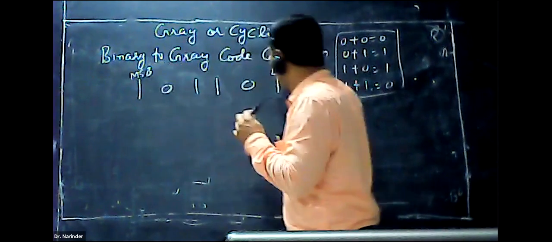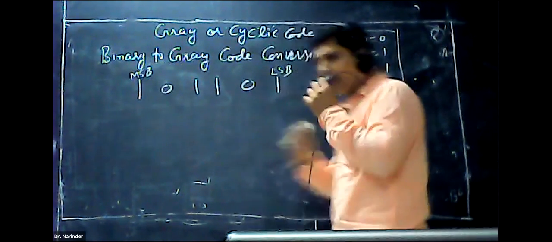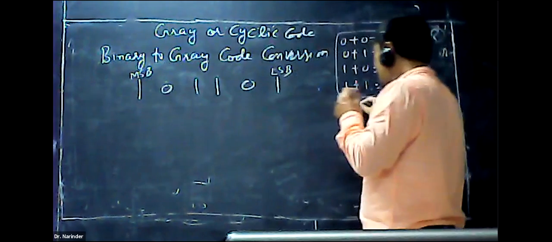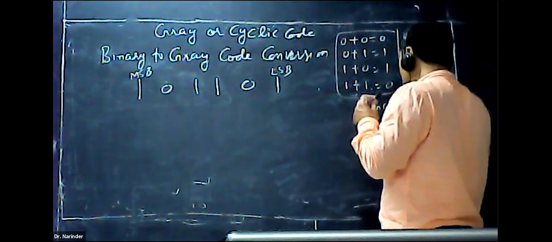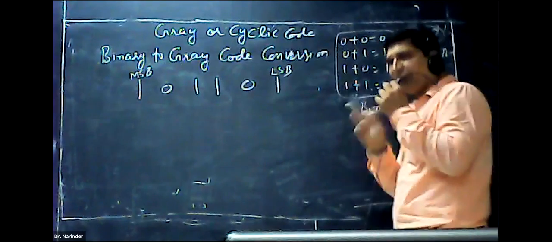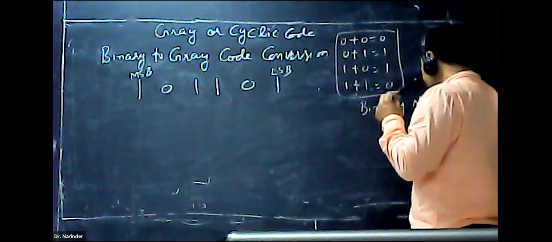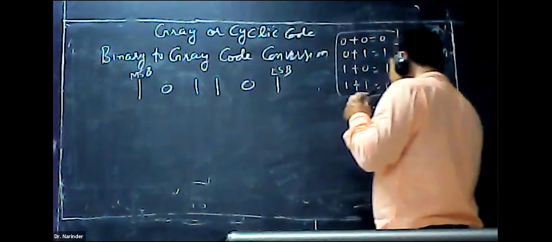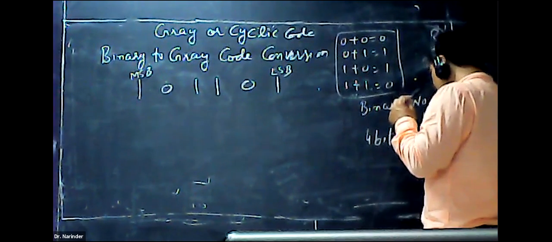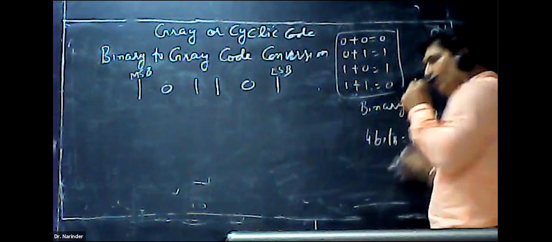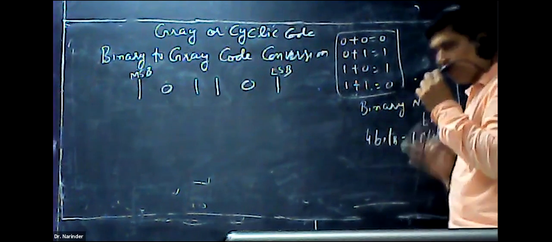This is your LSB, least significant bit. You also have to remember one thing. For a binary number, its smallest unit is the bit, and 4 bits are always equal to 1 nibble.